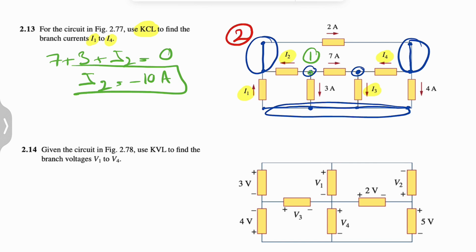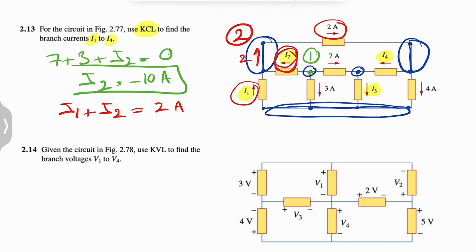Let's move on to this one right here. Now that we have I2, we should be able to find I1. Looking at that node, we have I1 and I2 entering, and what's exiting is the 2 amp going that way. So I1 plus I2 is equal to 2. Since we didn't change the direction of I2, we can put the negative value in here. So I1 plus negative 10 is equal to 2, which means I1 is 12 amp.